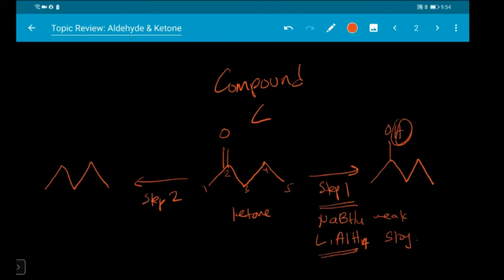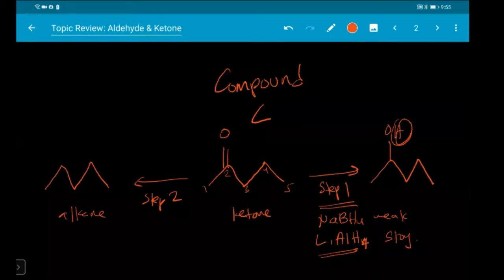Alright guys, ketone to alkene. Soalan tadi step 1 dah settle, sekarang step 2. Also from ketone to alkene. Okay, apa yang berlaku adalah, oksigen tu hilang. Okay, can you suggest a suitable name for this reaction?